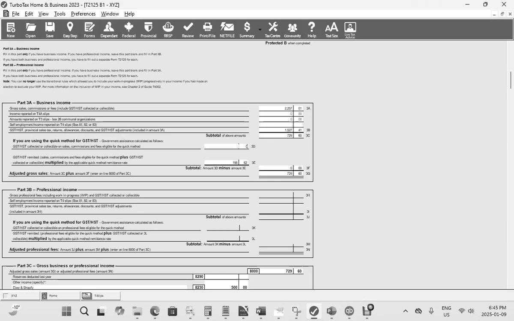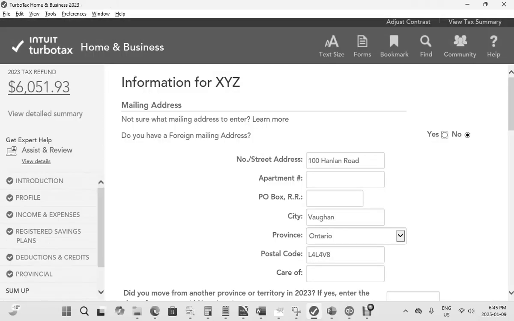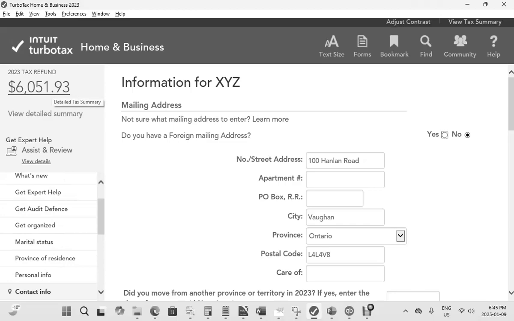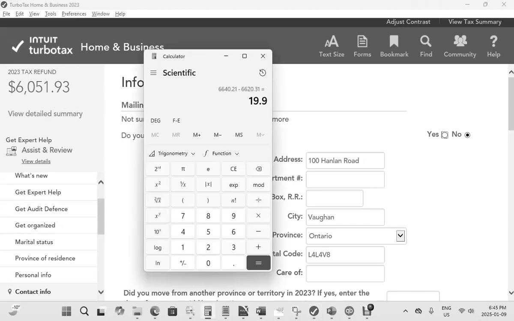Let's change it to $3,000. So let's say you have $3,000 of sales tax to pay as part of the business income that you made, as part of the sales that you made. So notice the tax refund went down to $6,051.93. So if you do the math, this is $6,620.31 take away $6,051.93.